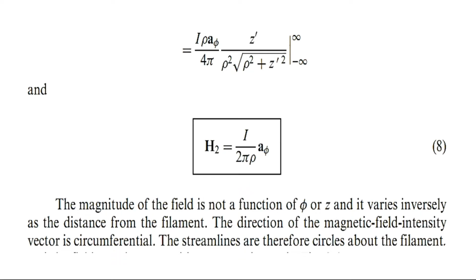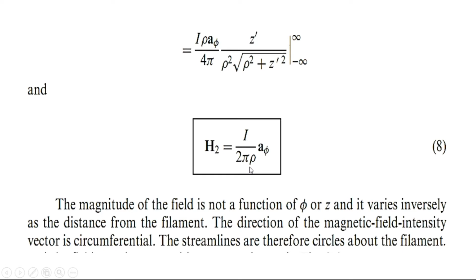If we move towards the filament, the magnetic field strength will increase. It means that the magnitude of the magnetic field intensity depends on rho only.